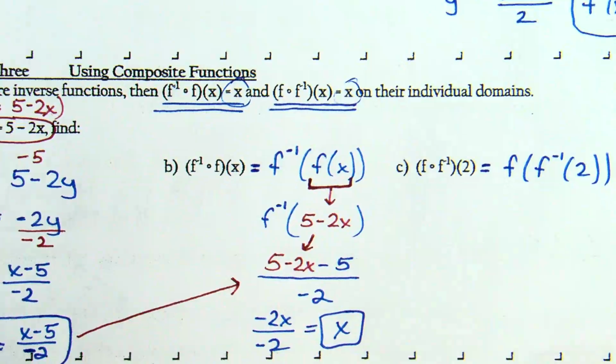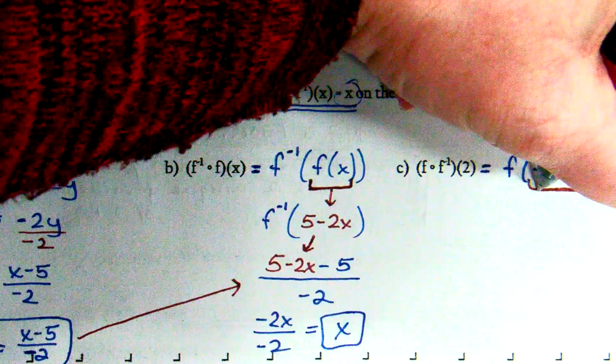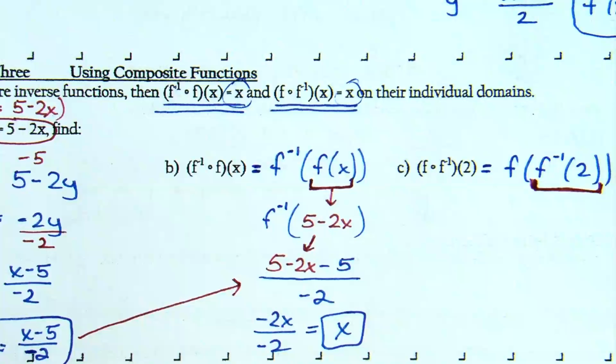So if I'm doing f of f inverse of 2, start with f inverse. F inverse of 2 means in f inverse, I'm going to plug 2 in. So what was f inverse? It was supposed to be x minus 5 over negative 2.